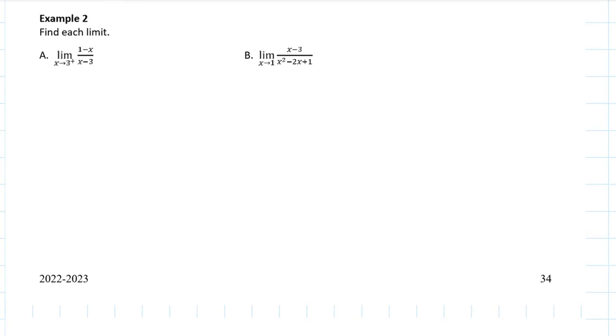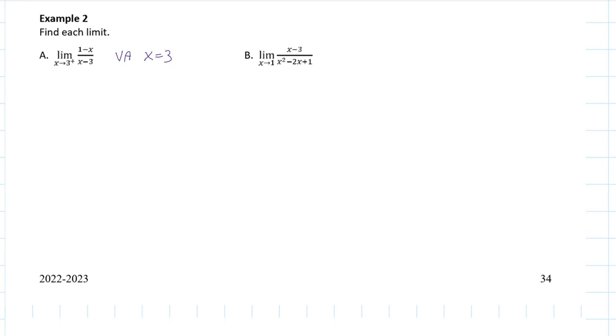But I don't have to factor first. I know that this function has a vertical asymptote at x equals 3. However, I don't know what's happening on the positive side. That's what this one's asking for: the limit as x goes to 3 from the positive side of this function.